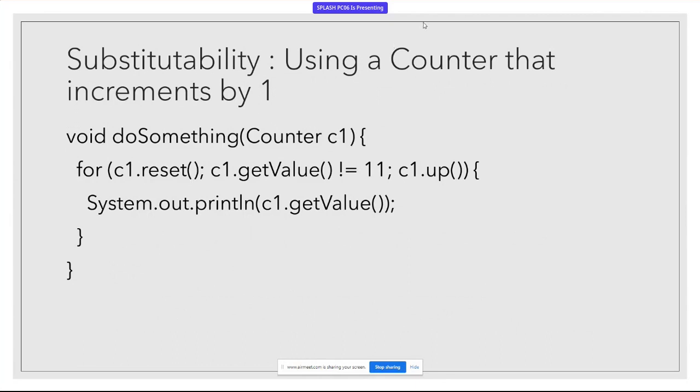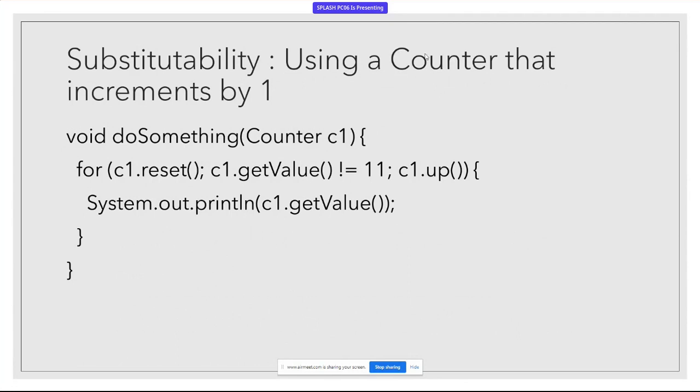We get to this particular example where we have a class called counter, which increments by one. And we have a client here which does something with this counter, and you can see that it executes a loop that runs for 10 iterations, assuming that the counter is initialized to 0.